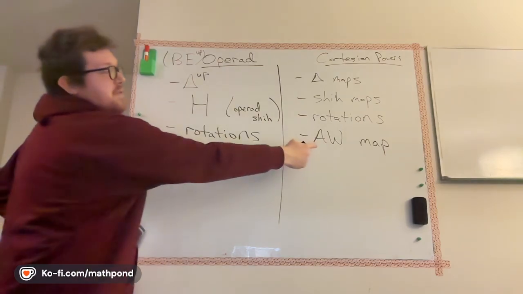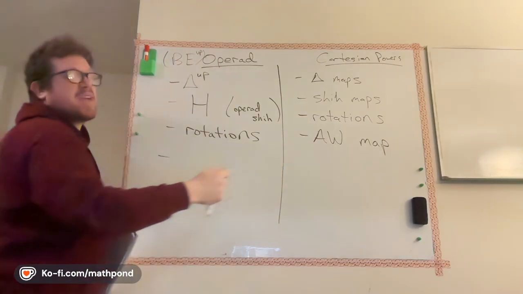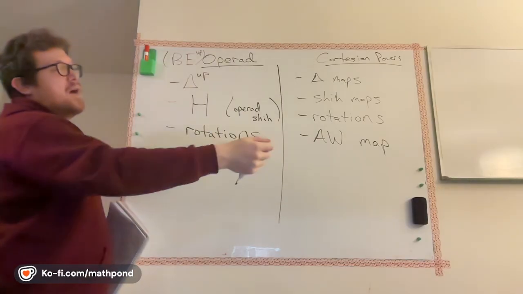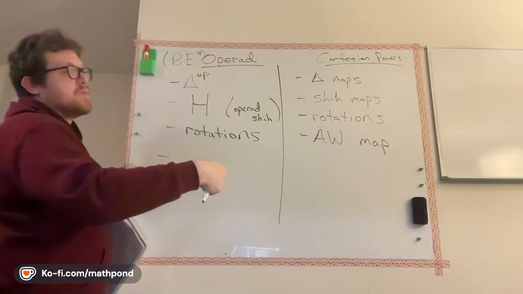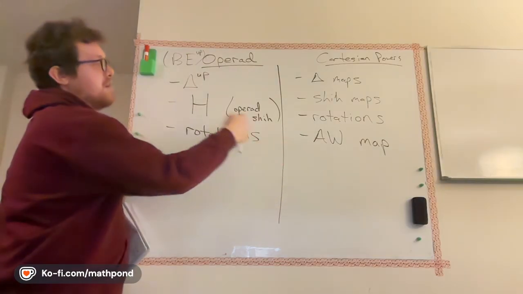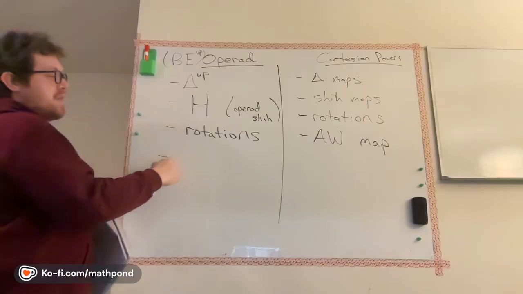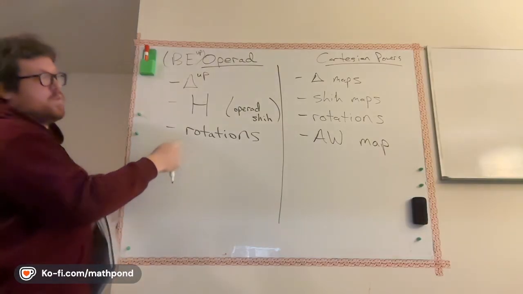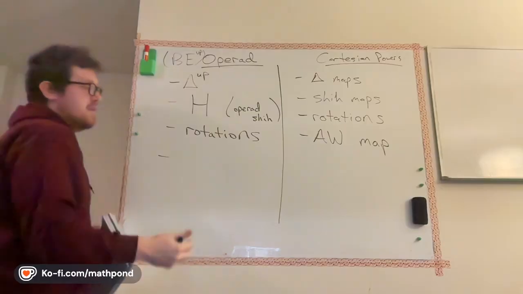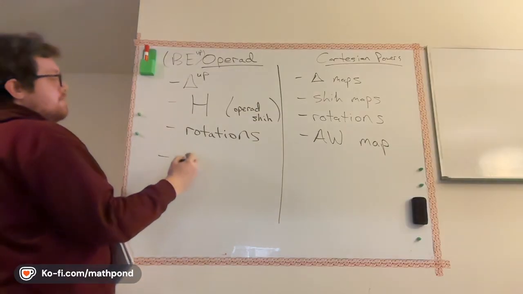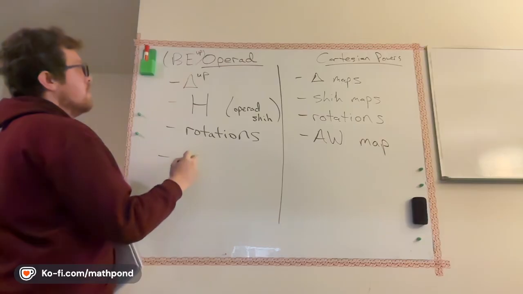So instead of applying the Alexander-Whitney map and getting the action or the coaction of this thing, this is on the operadic side. What is the thing that's coacting? Here we're just taking a table reduction.